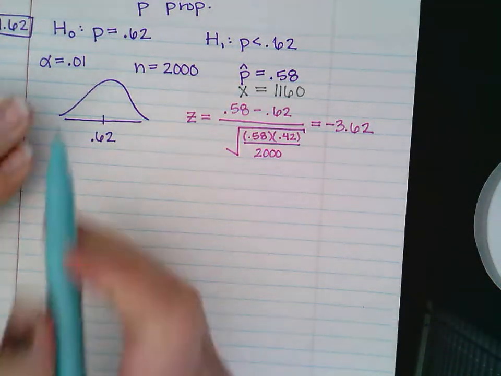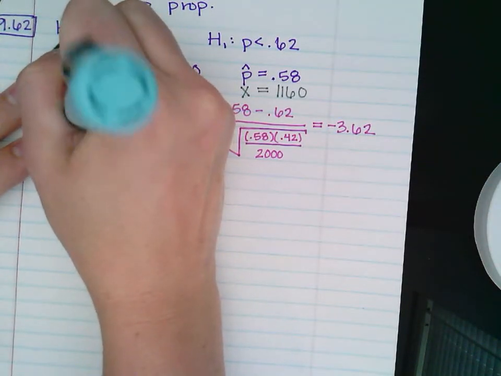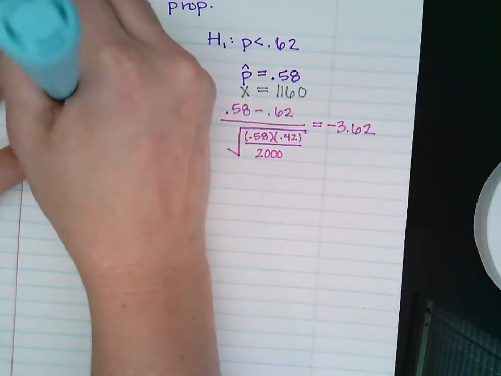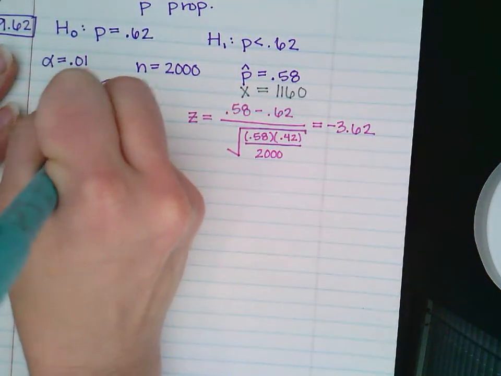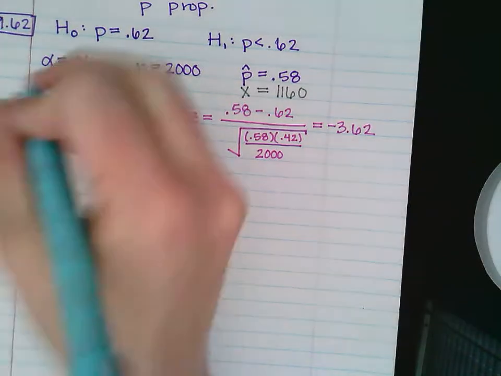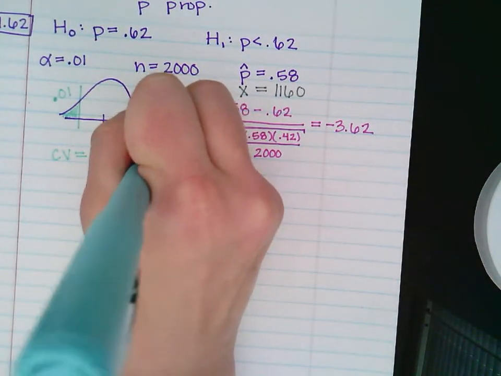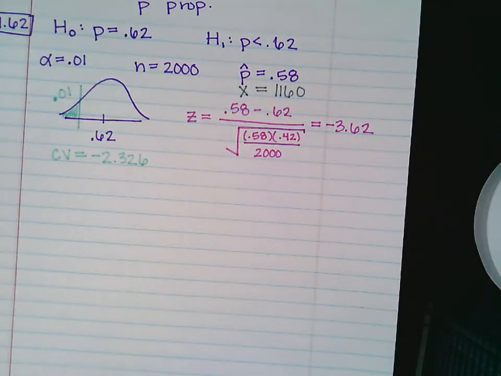So under this alpha, I'm doing just a left side test, right? Let's see what that critical value would be. So I'm going to open up my t-table and go to the very bottom under infinite degrees of freedom. And I'm looking at 0.01, and it's 2.326, so it must be negative 2.326.